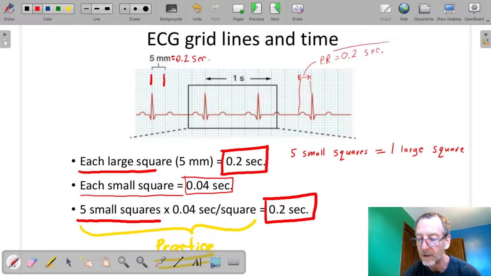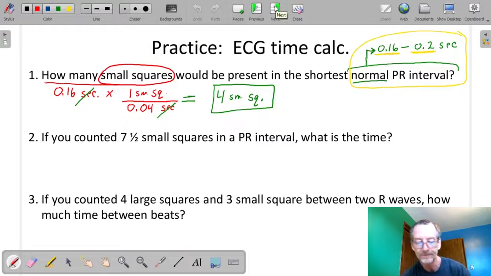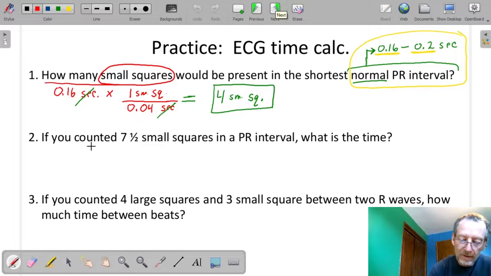Okay, so you want to practice doing that. Back to where we were on the other slide. If you counted 7.5 small squares in a PR interval, what would the time be? Now we're given 7.5 small squares, and we need to convert this to time.